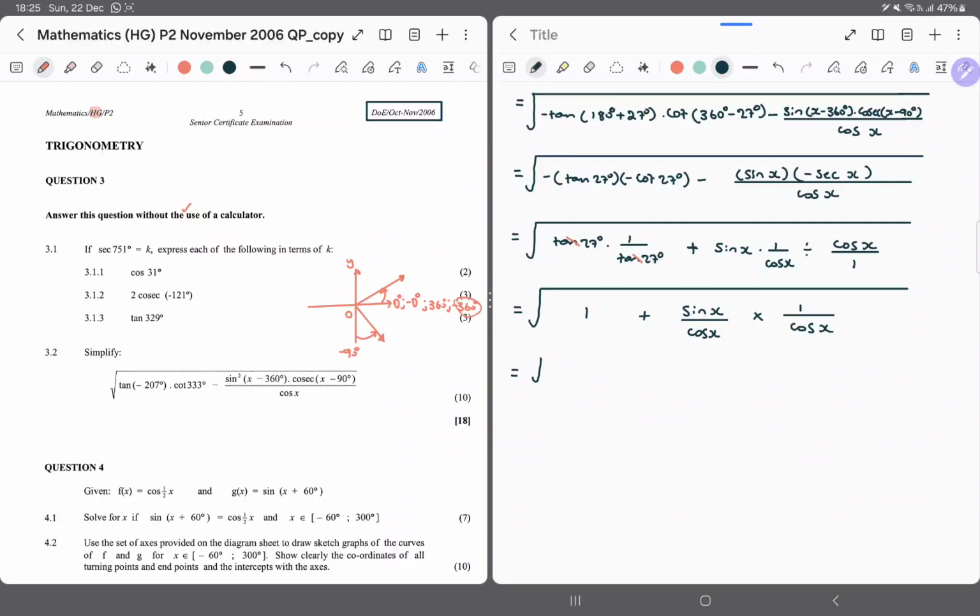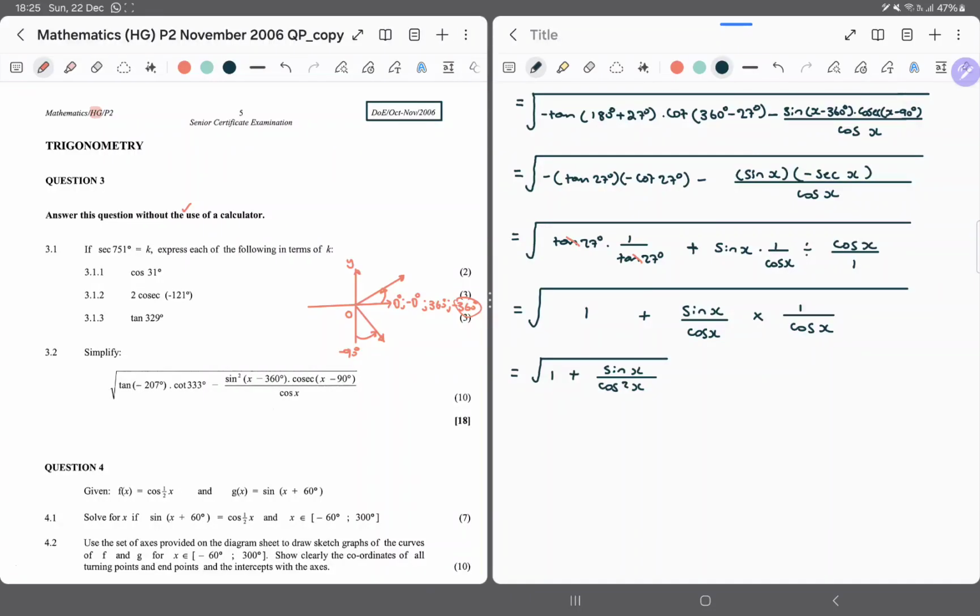So this one must not be too long. So we have 1 plus, now sine times 1 is just going to be sine x divided by cos times cos. This is cos squared x.